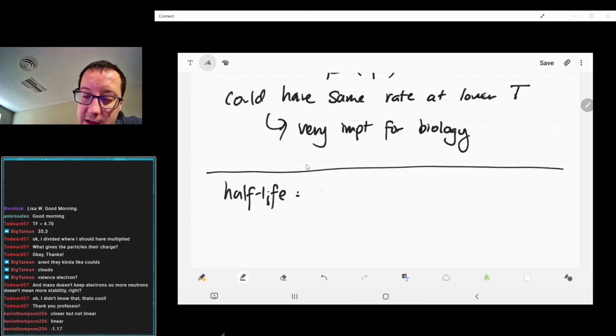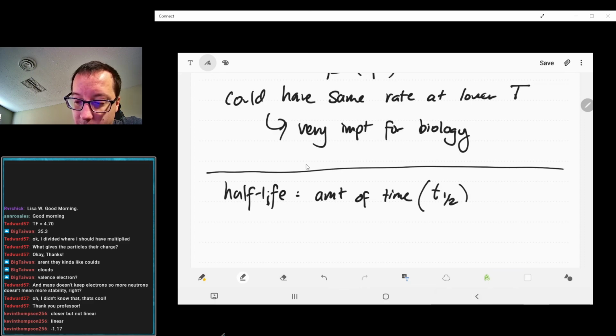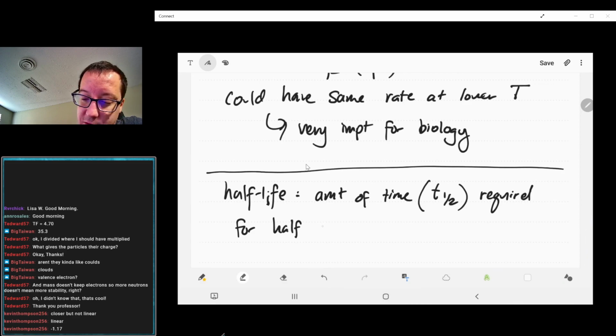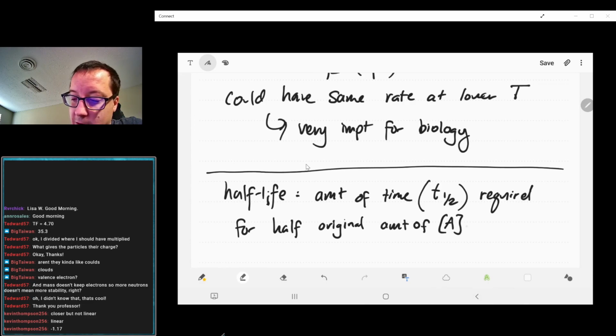Half-life is the amount of time, which is often abbreviated T1/2, required for half of the original amount of whatever to be consumed.